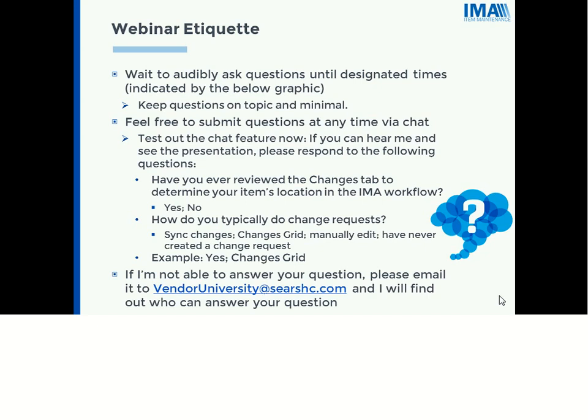We have a few people doing changes manually, and some who have never created a change request. Someone is brand new to IMA, so they've also never done change requests. So a lot of people have either never done change requests or are doing them manually, and most of you have not utilized the Changes tab. That can be really helpful in determining the location of your item, and we're going to be going over all of that today.